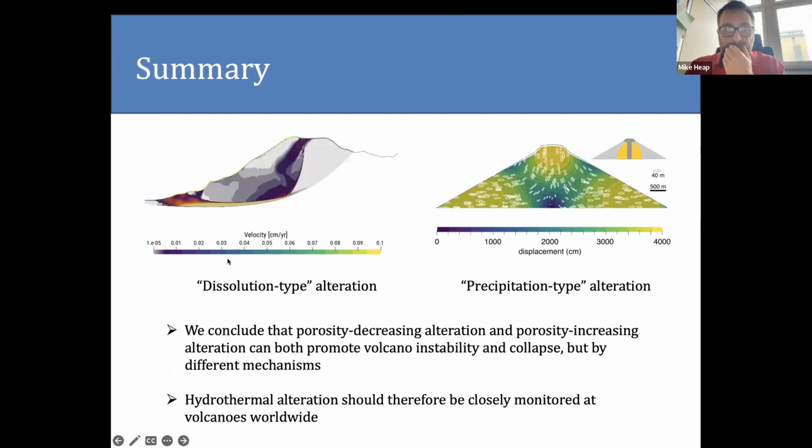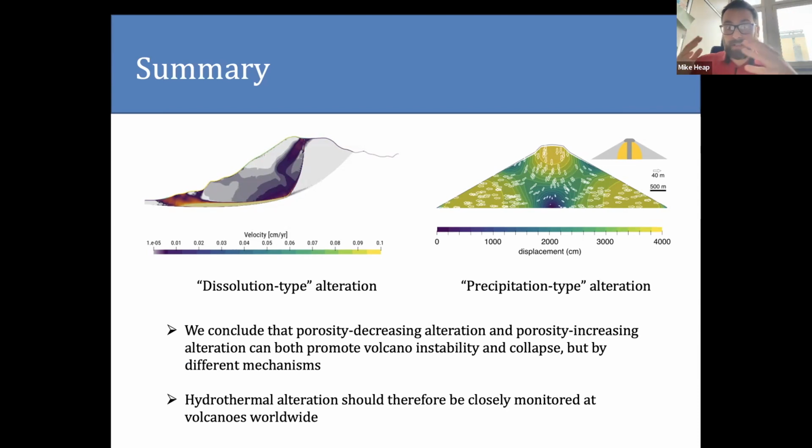So as a summary, dissolution type alteration is a really broad brush term. It just means that something changed. In volcanic rocks, we definitely have dissolution type alteration, where acidic fluids dissolve the materials and dissolve the minerals and increase porosity. We also have a precipitation type alteration, where we get fluids into the rock that precipitate minerals inside.